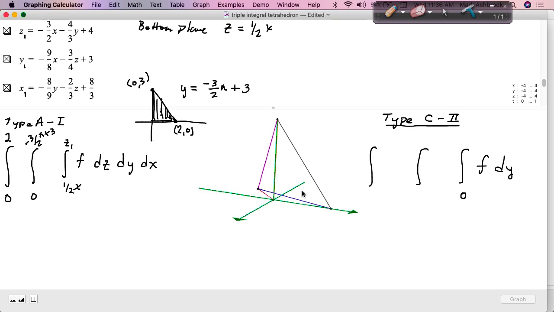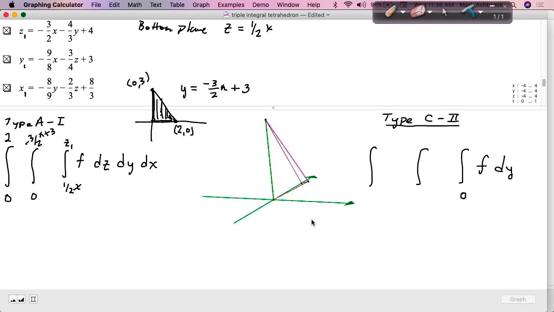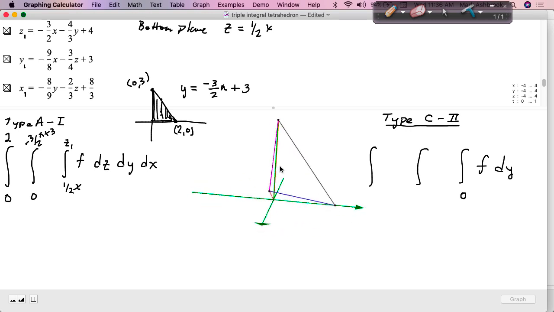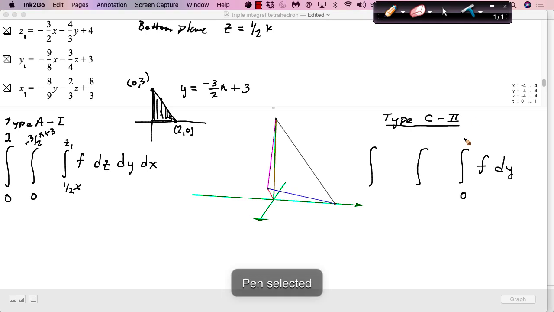So y equals 0 is the left side, and the right side is going to be that plane. It's going to be y1, and we have to write it in terms of x and z. That's why I did that. So it's from 0 to y1, and you would write this out as your limit of integration.